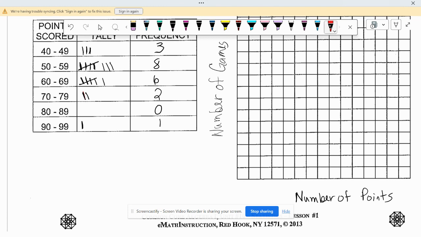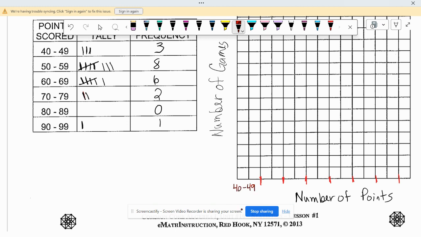And then I have to make my ranges. So the first thing I'm going to do is block out every other grid. I'm going to use the same range values that they gave up top. So the first range is between 40 and 49.